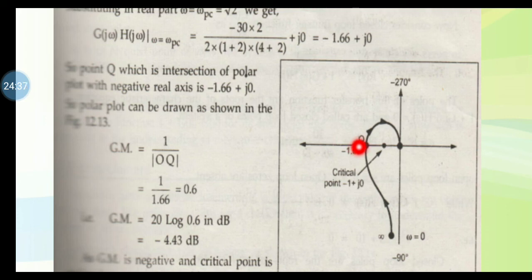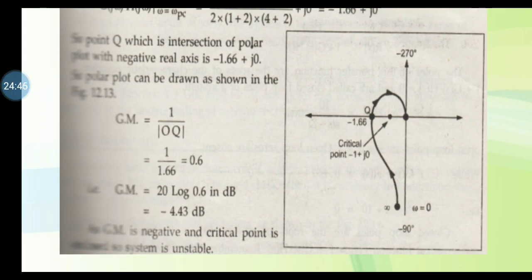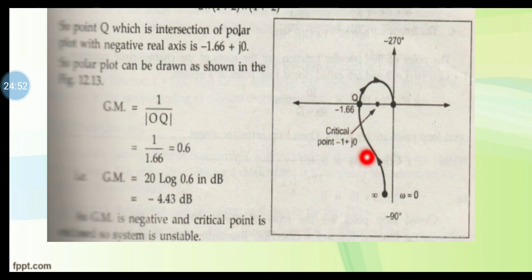Passing through that point and through the omega equal to 0 point, we draw the polar plot from start to termination. This will give 90 degrees rotation, and this another 90, a total of 180 degrees rotation.